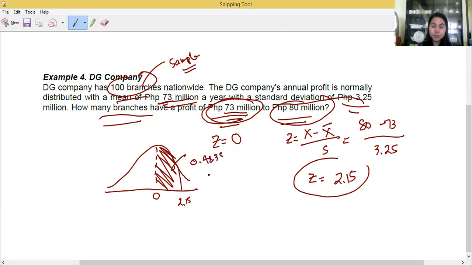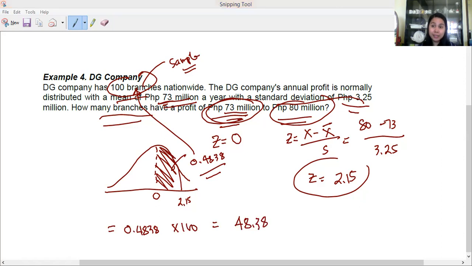What do we do with this one? The area, you multiply it to the total number of branches. So we have 0.4838 times 100. We have 48.38. However, it is talking about branches. So the answer should be a whole number.